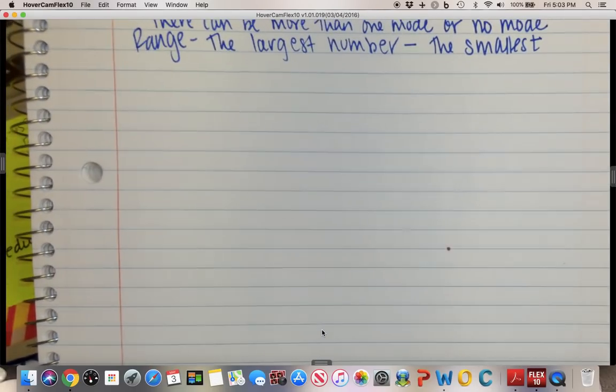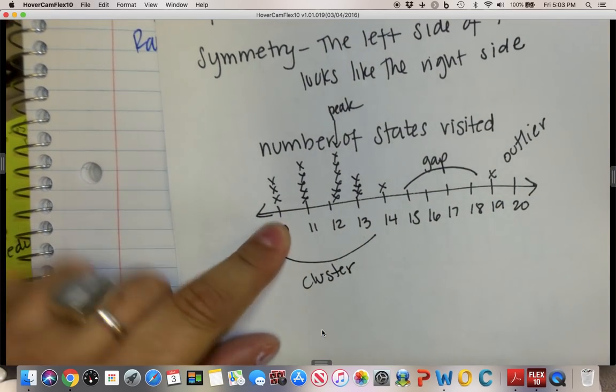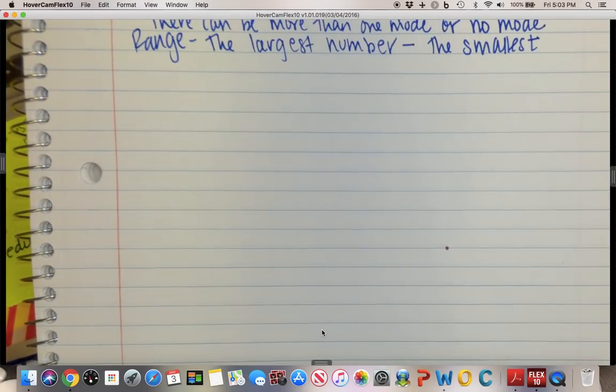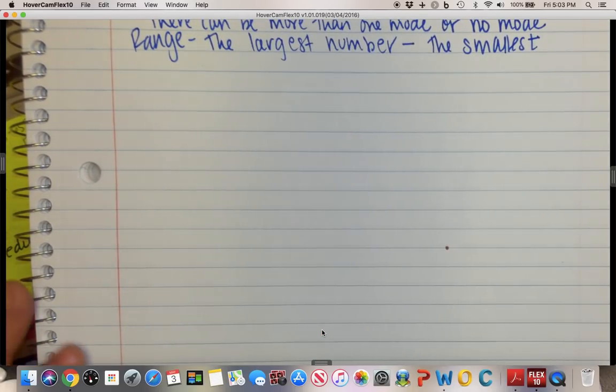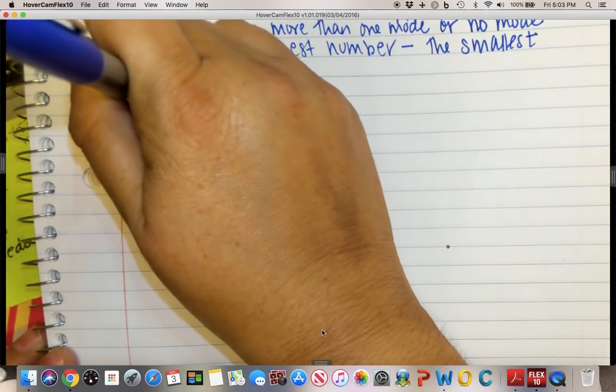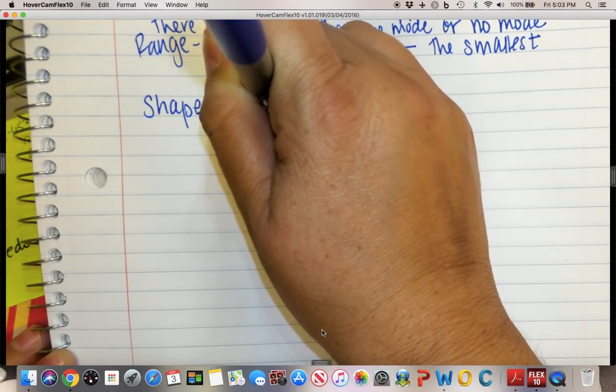And a line plot looks like a number line with data on it. So we're going to go over a little bit of that. But first, I want to talk about the shape of data.